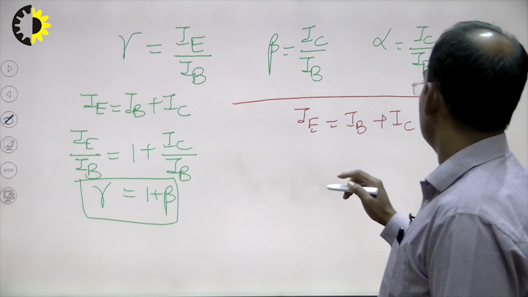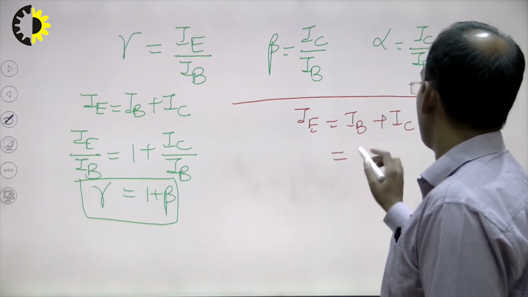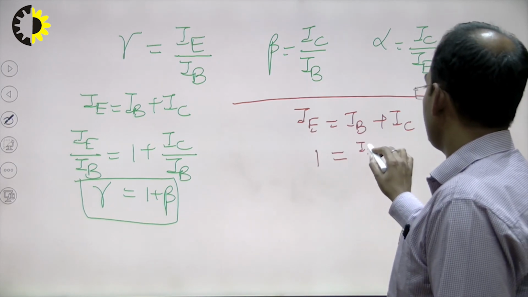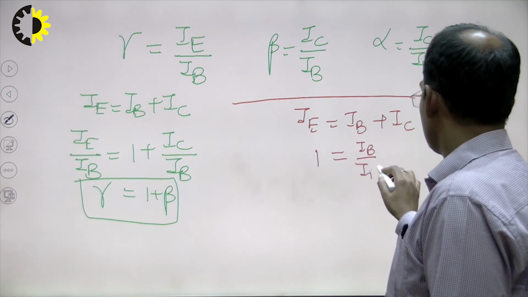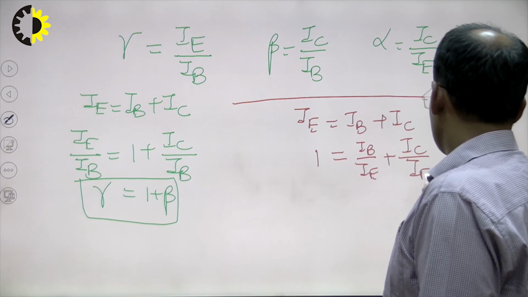I have to write the relation between alpha and gamma. So I am dividing by IE both sides. 1 is equal to IB by IE plus IC by IE.